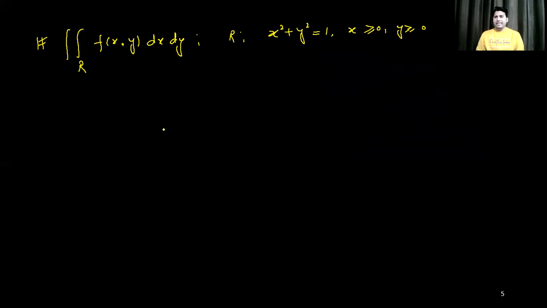This time the region is given like this, students. That is x square plus y square equal to 1 and these two curves. These two curves mean what? The part of the circle which lies in the first quadrant.